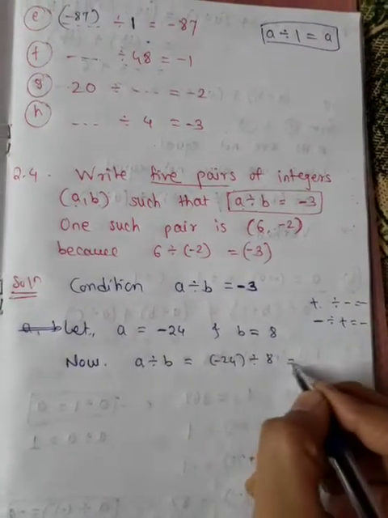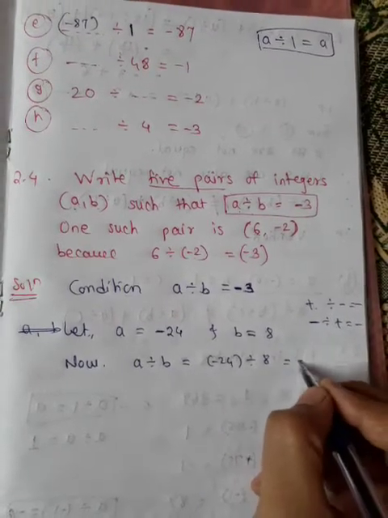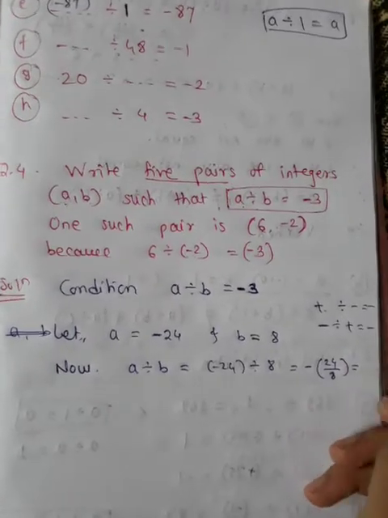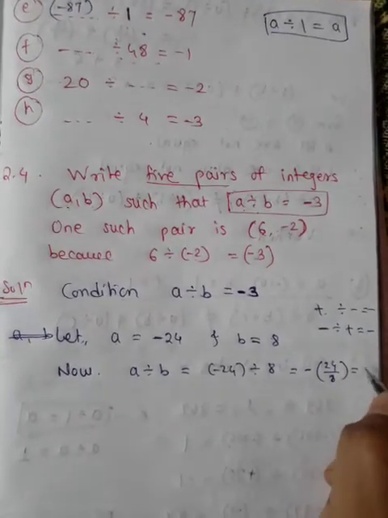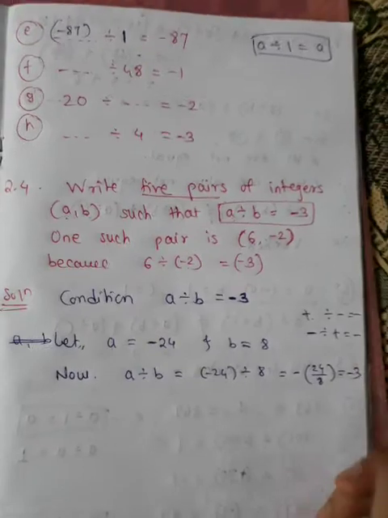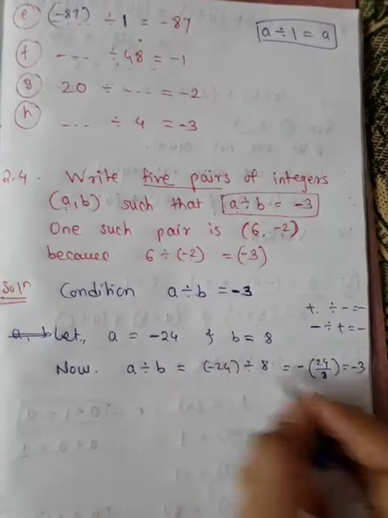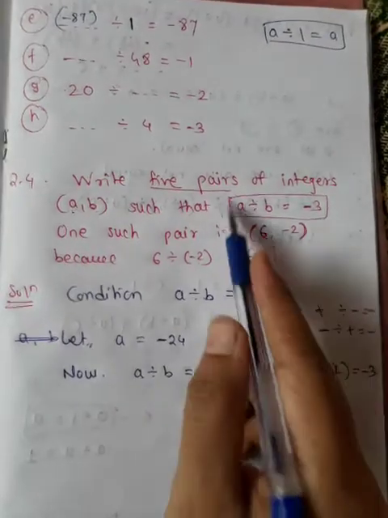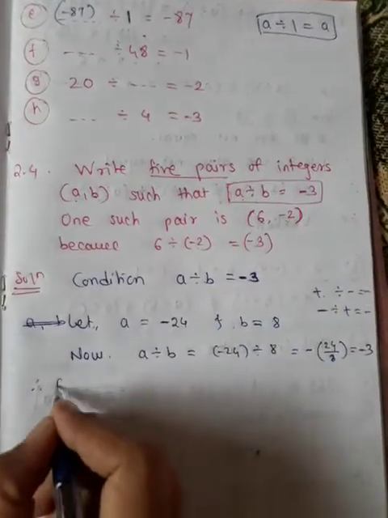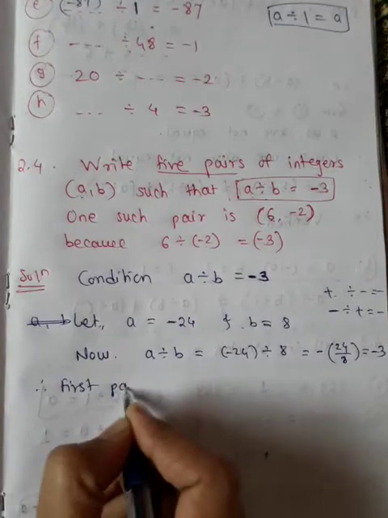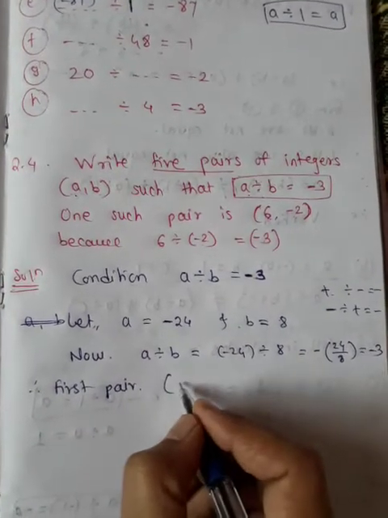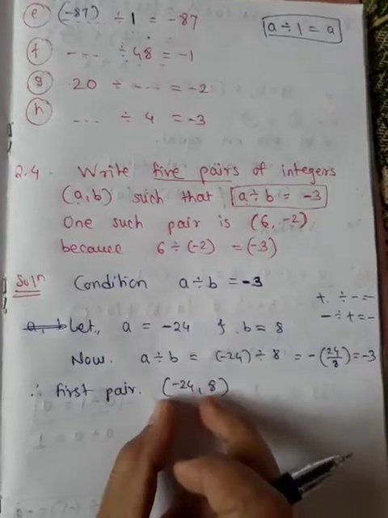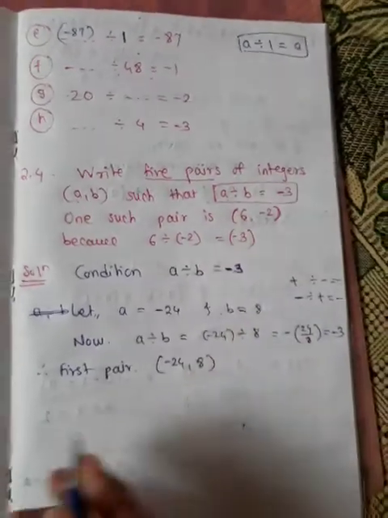When we divide a negative integer by a positive, take the negative sign outside and divide them as whole numbers: 24 divided by 8 gives 3, and this minus sign. So A divided by B gives minus 3, means this A and B satisfy the given condition. Therefore the first pair is minus 24 comma 8, because this pair satisfies the given condition.